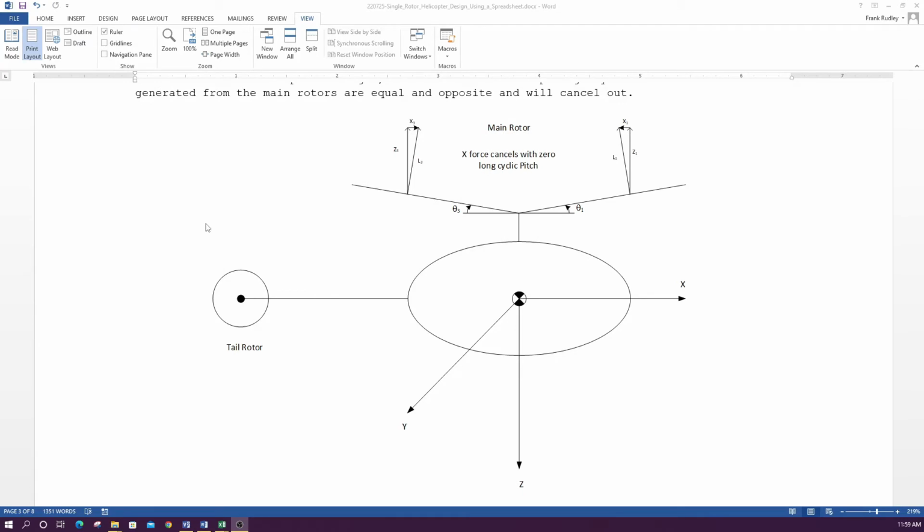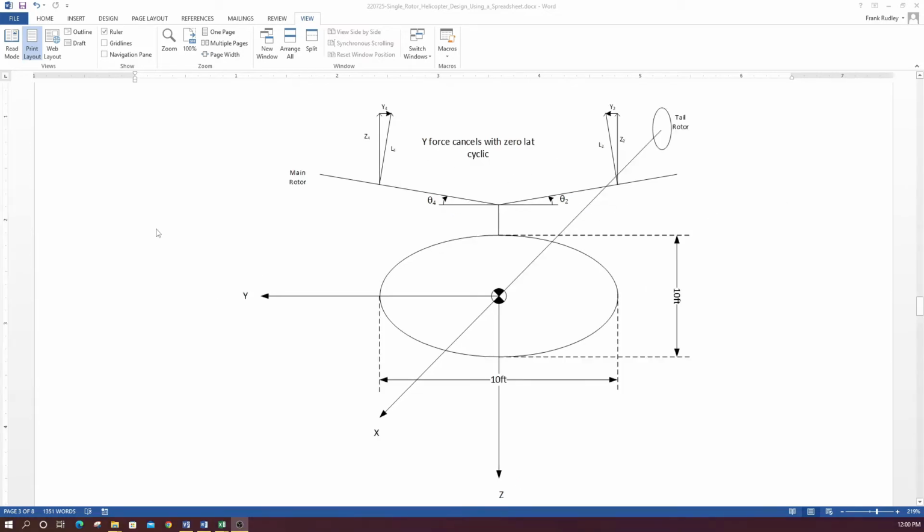So if we go back to the figure, you can see our Z force is the cosine of this angle. So this would be theta 3, and this is theta 1 in here. You can see the cosine of the lift would give you this resultant, and the Y is the sine of that angle. So here's the nose view of the helicopter again, looking at the lateral Y force.